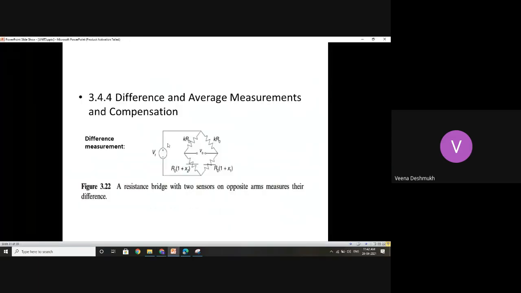So like this, the calibration and the drift in the power supplies and the current variations, all these factors, if not taken care of, automatically influence the readings of your sensor.